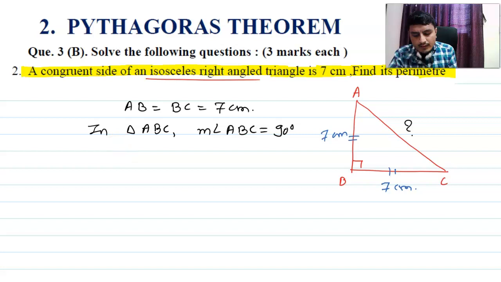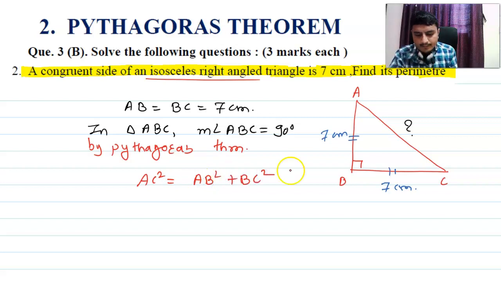Once the given triangle is a right angle triangle, we apply Pythagoras theorem. So by Pythagoras theorem, the hypotenuse is AC, so AC square equals AB square plus BC square.